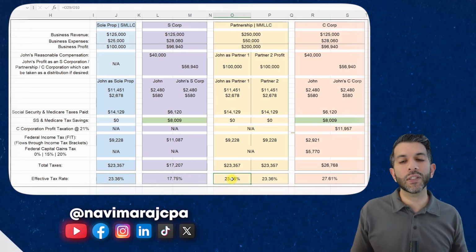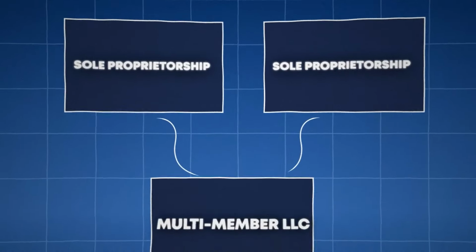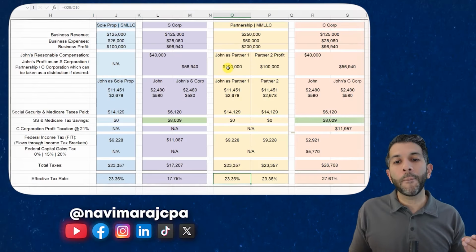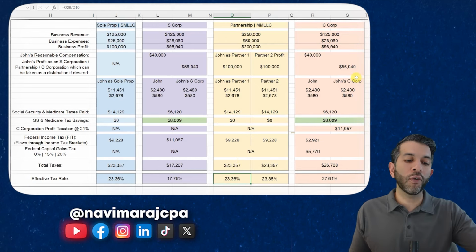No, it's not a coincidence, because a partnership is kind of like having two sole proprietors come together and forming that multi-member LLC or that general partnership that's being taxed as a partnership. So quite naturally, if you've got a partner earning 100 grand or a sole proprietor earning 100 grand, the taxes are very similar. Now, let me take you over into the tax forms and I'll walk you through this.